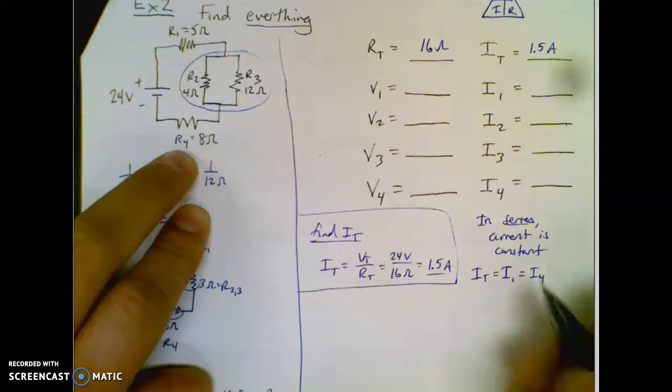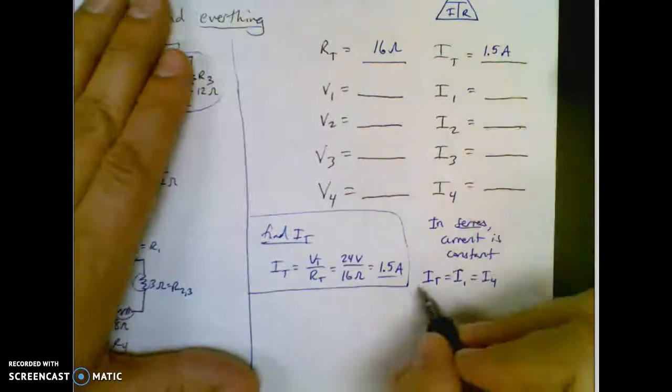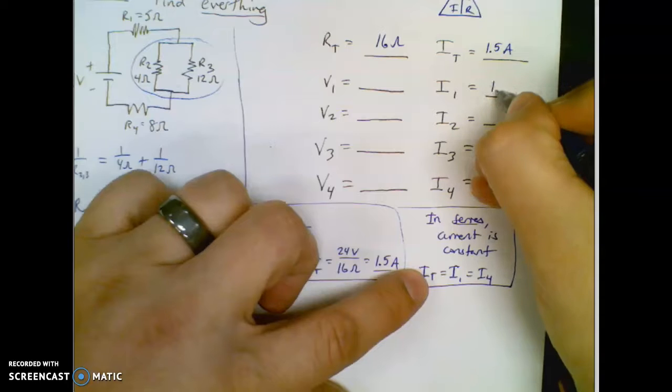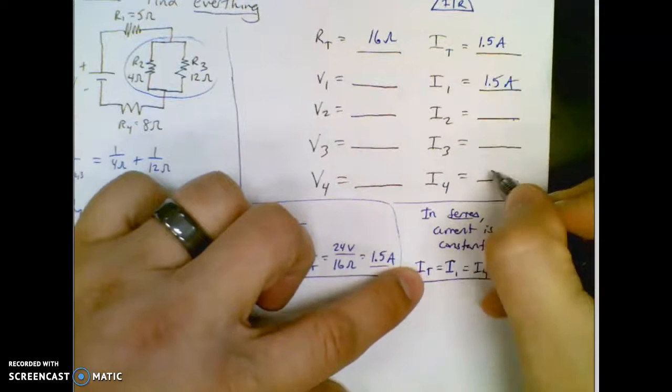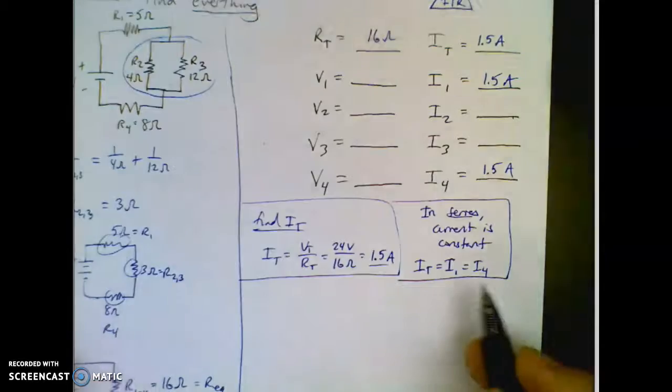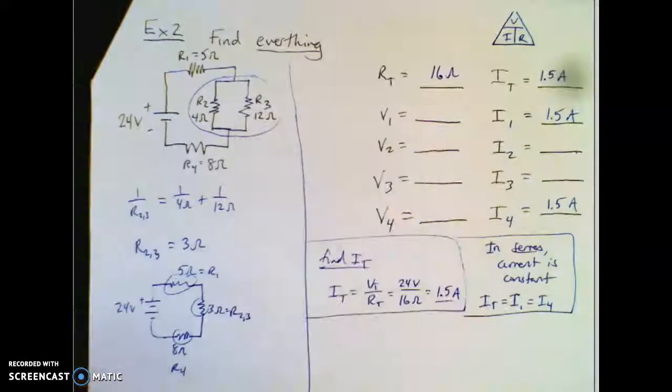It doesn't just go away. So I already know that my total current on those is going to be 1.5 and down here 1.5. Now my other two, it splits up down the branches. So we'll deal with that later.